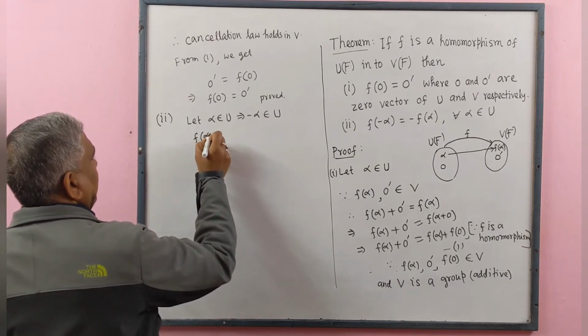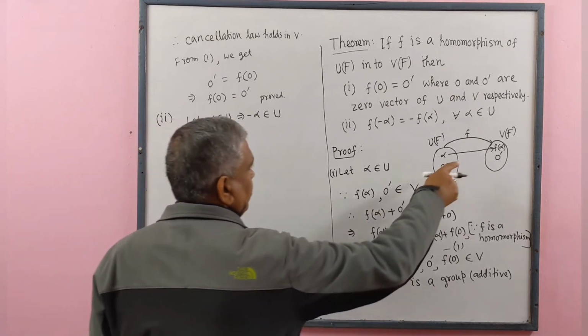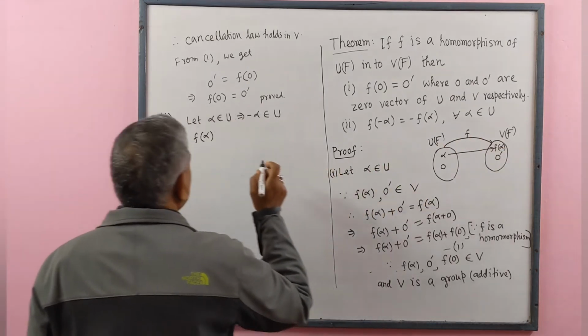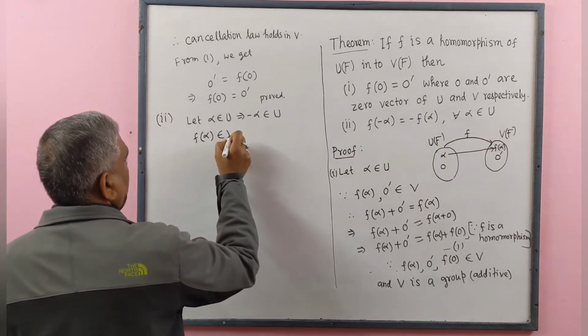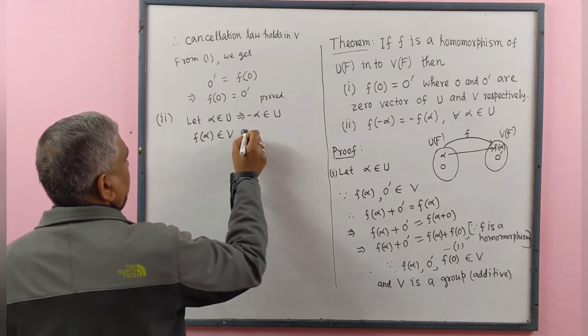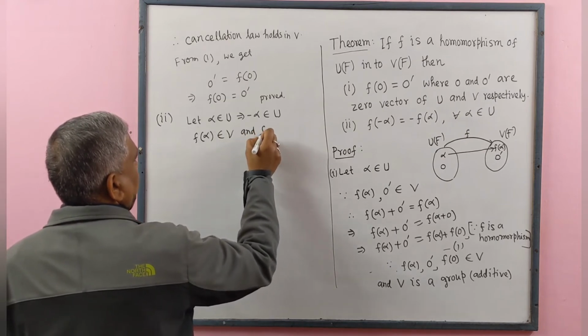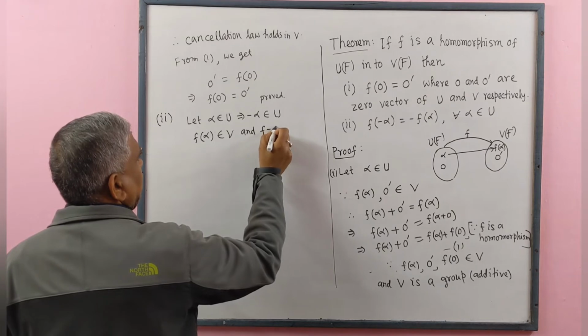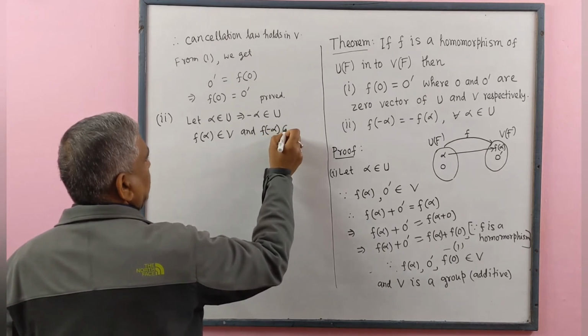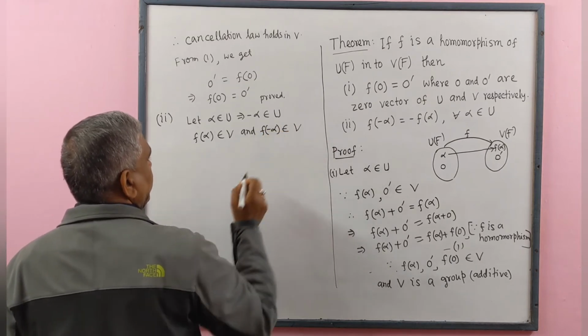F(alpha) belongs to V and F(minus alpha) also belongs to V.